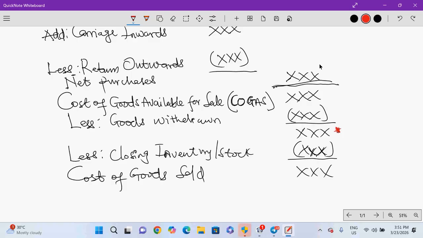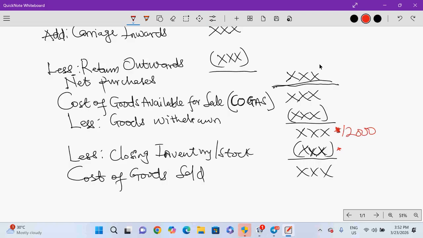Now, they are saying that the remaining is this amount. What do you think the difference would be? Is it actually the cost of goods that have been sold? When we were starting the business, once we added the opening inventory and deducted the goods withdrawn by the proprietor, we were getting 12,000 remaining.